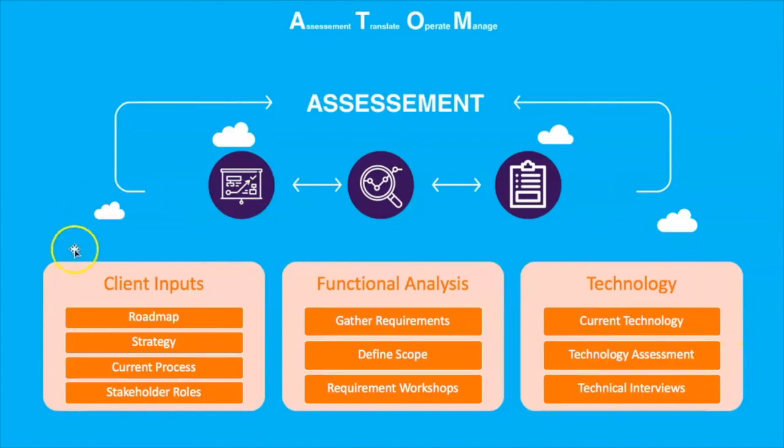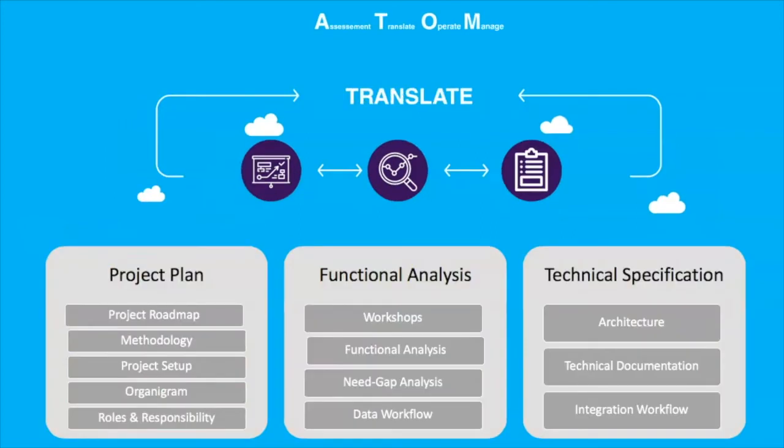Once this assessment phase is completed, we move on to Translate. This means we set up the project, define the methodology we are going to follow, and define an organigram for the core project team, with roles and responsibilities clearly defined.